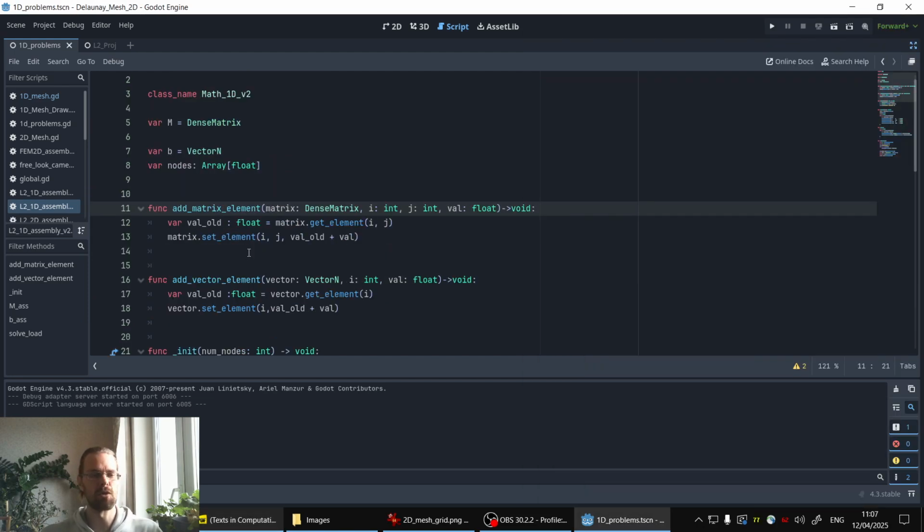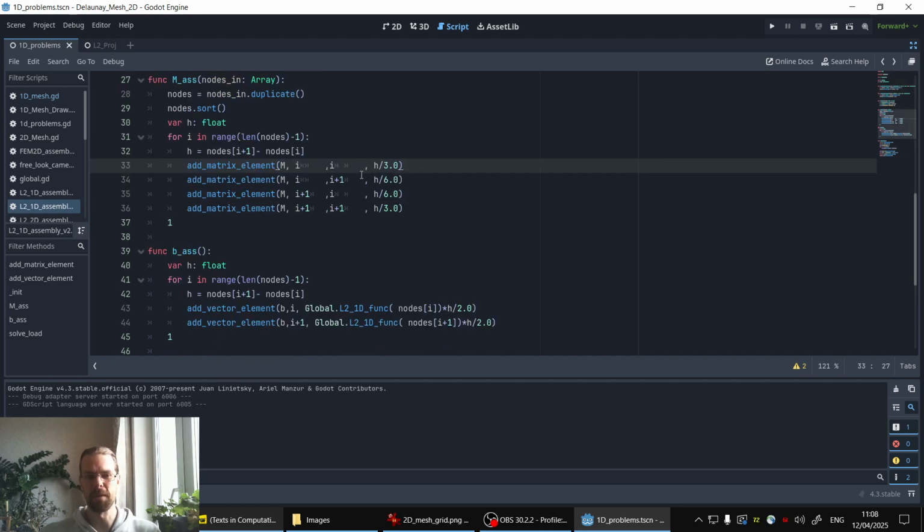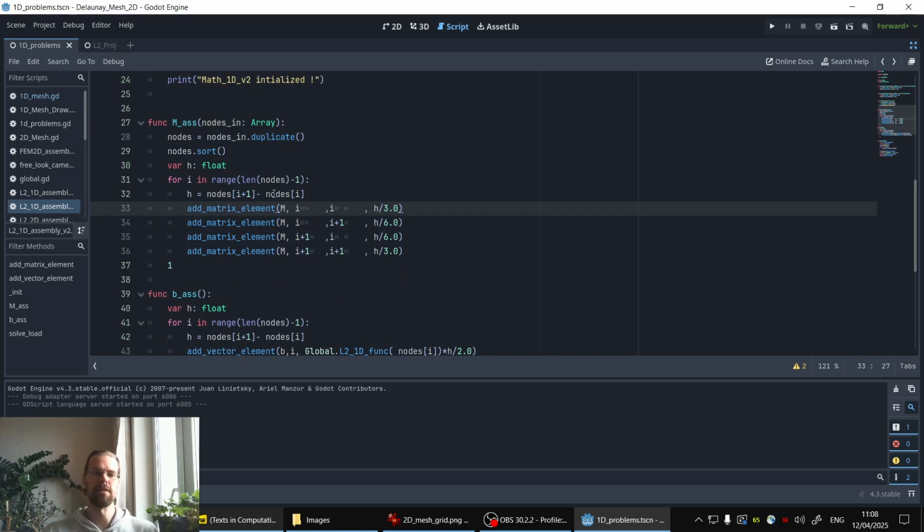Okay, in Godot, of course, you will need a linear algebra library, and you will have to do something crazy like this. There's no proper matrix addition or support for slicing for matrices. So you have to do it very old school, for example, take the old value and increment it. But still, this is easy to understand.